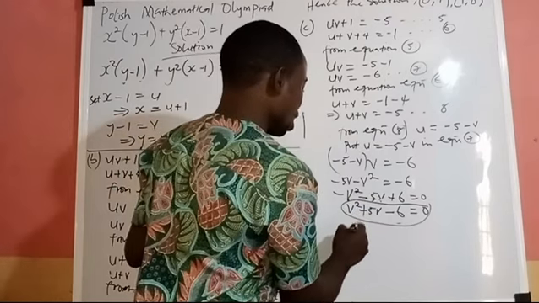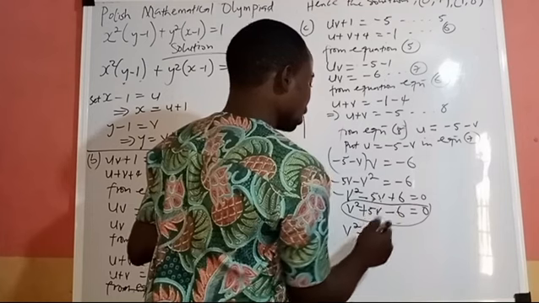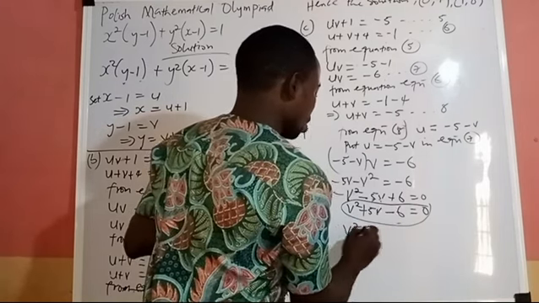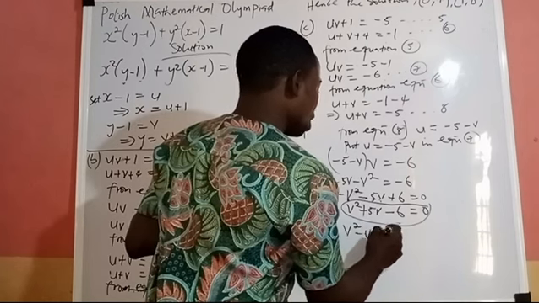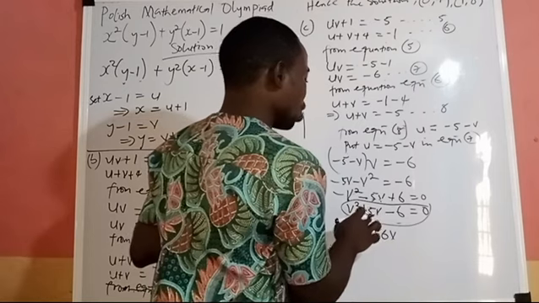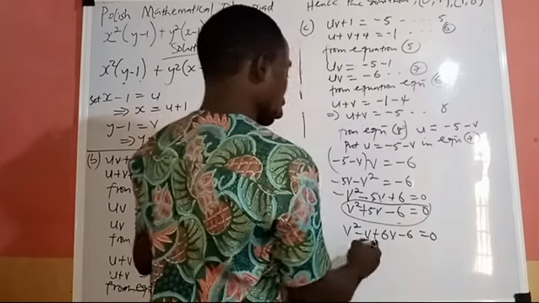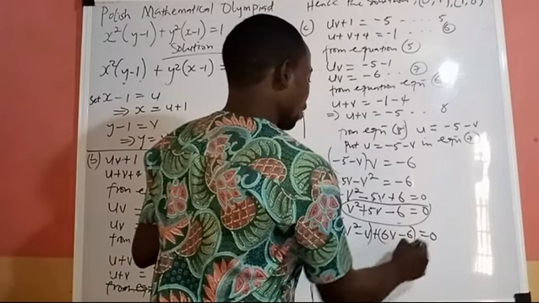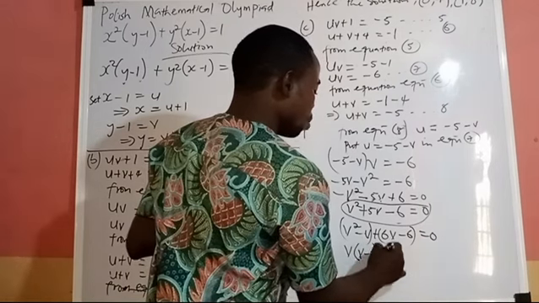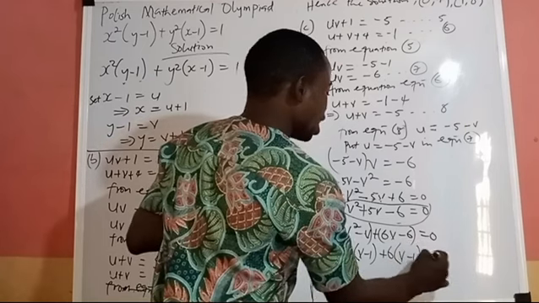Factorizing, splitting this, what we are going to be having is v squared minus v plus 6v minus 6 equal to 0, since minus v plus 6v is actually going to give us 5v. So we factorize for that. v comes out here, we have v minus 1, plus 6 is common here, we'll bring it out, v minus 1, and it's equal to 0.